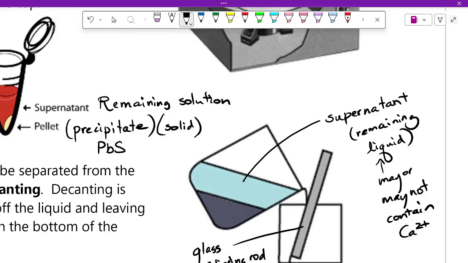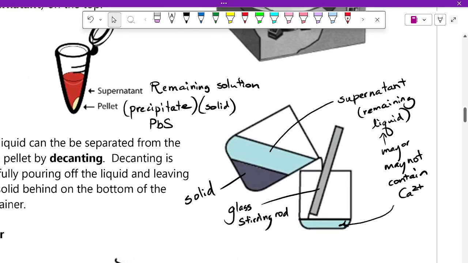If you provide a different source of glass, like a glass stirring rod, and you pour it down the glass stirring rod, it will go down there because the intermolecular forces will attract it to the stirring rod. So we pour off the liquid and we leave the solid behind. Then we have our remaining liquid that may or may not contain the calcium. This process where you pour it off is called decanting, to decant.